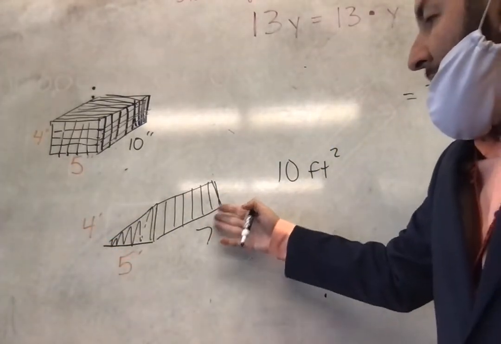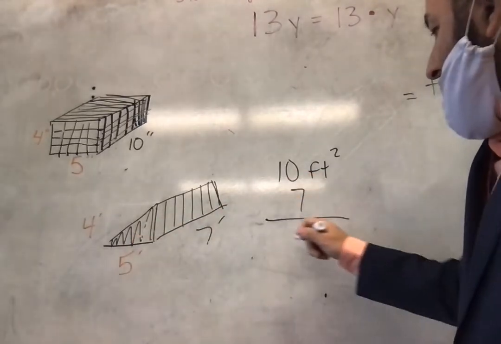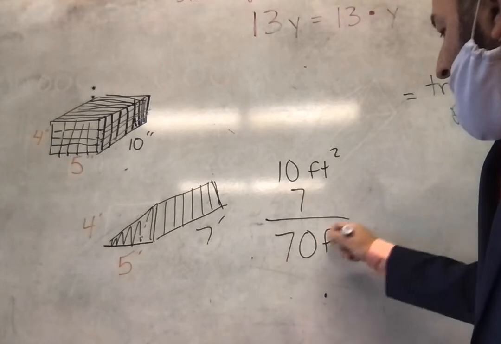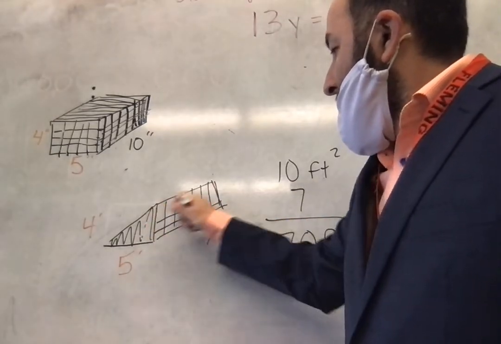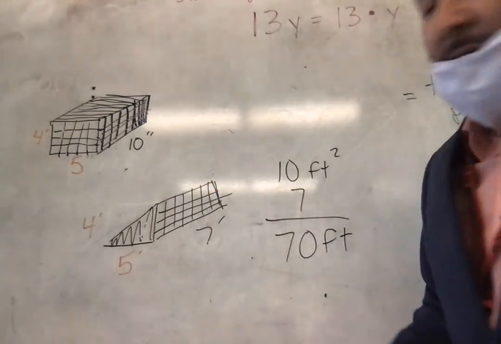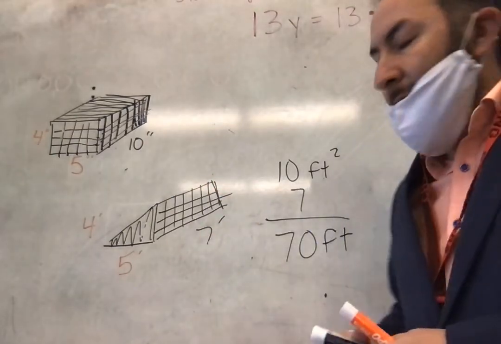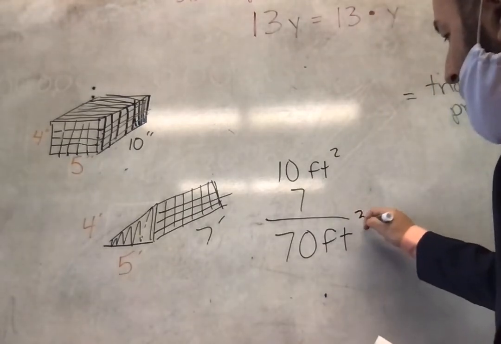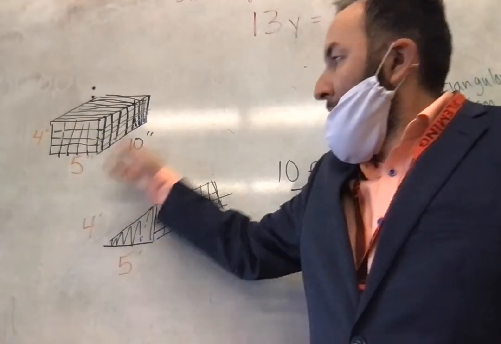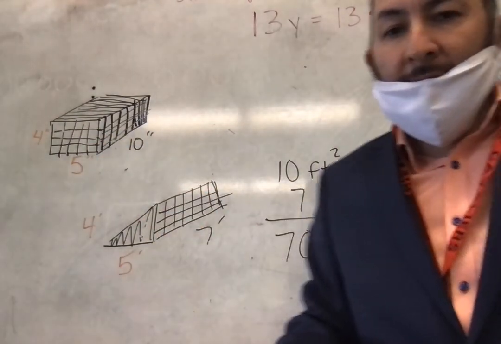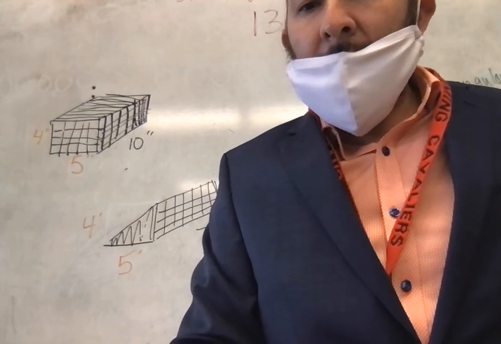So 7 times we have 10 square feet. For a total of 70 feet, but now that we're doing 3 dimensions, we're talking about cubes. You would fill a tent not with flat squares, but with cubes. So 70 feet cubed. Find the area of the face and multiply it times how many there are. That's how we find the volume of 3-dimensional prisms.